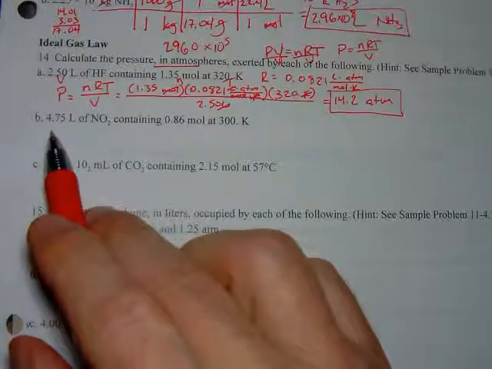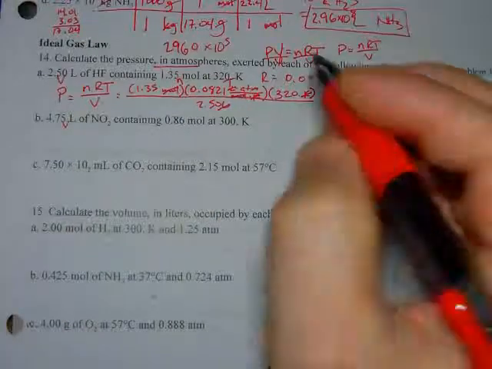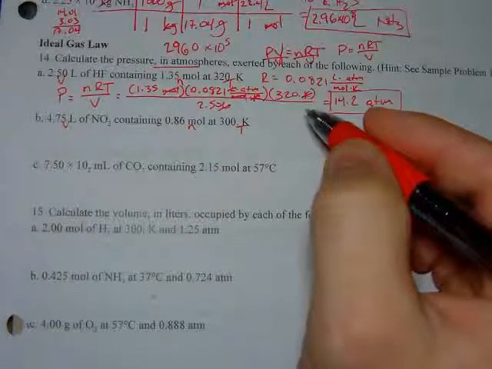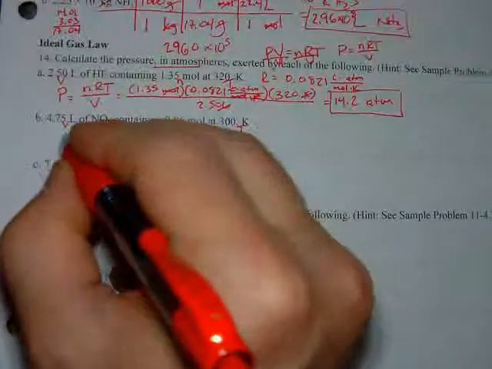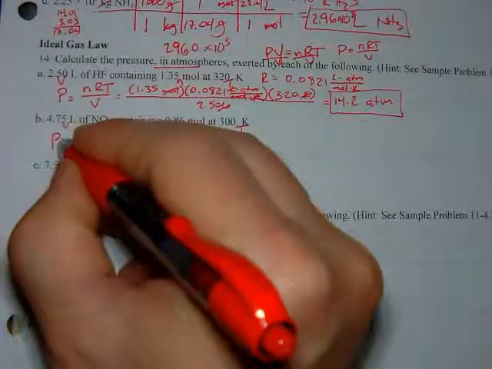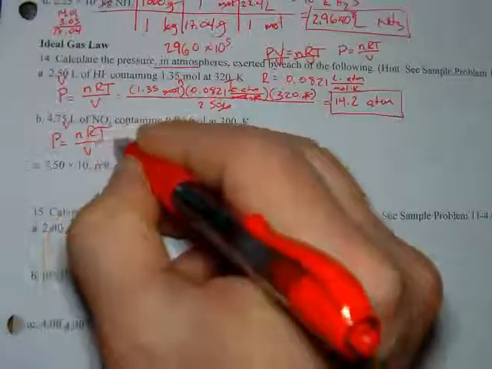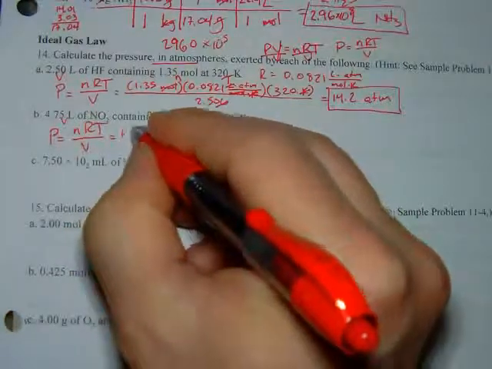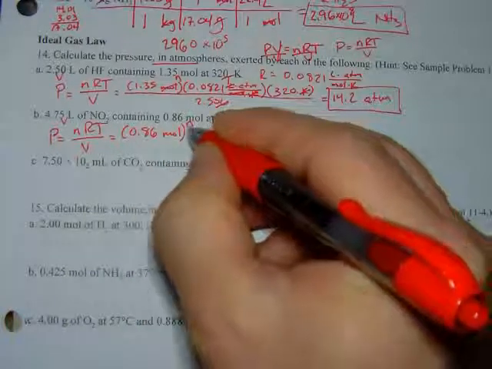Now, B. So, again, we have volume, we have number of moles, and we have temperature. Okay, so it's going to be the same setup. We already have pressure is equal to nRT over V. So my value for n, 0.86 moles.